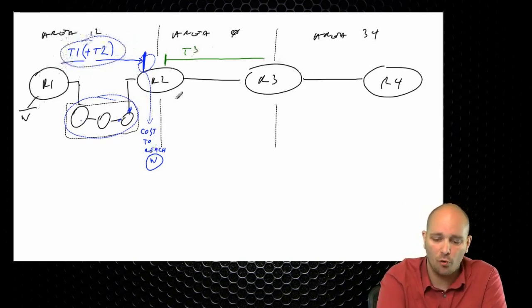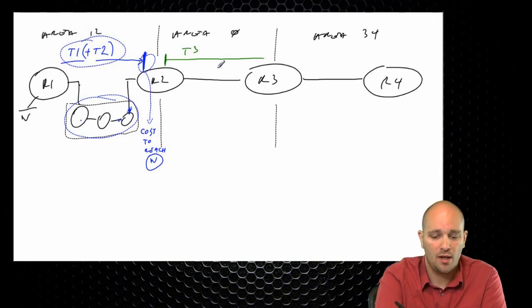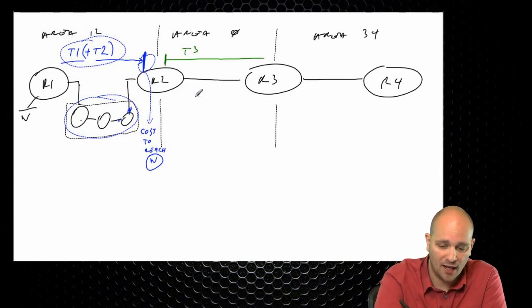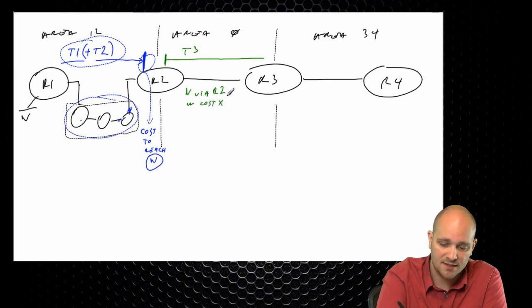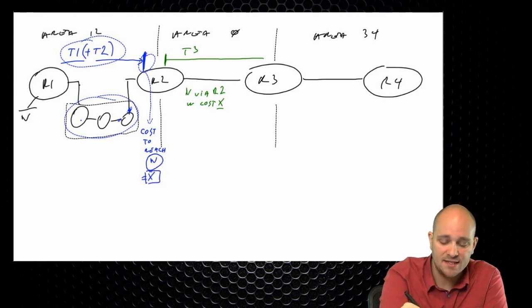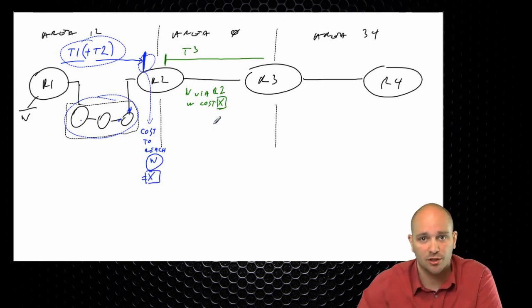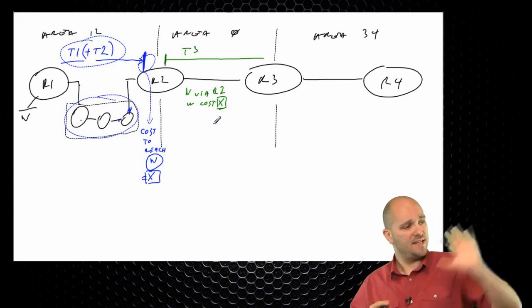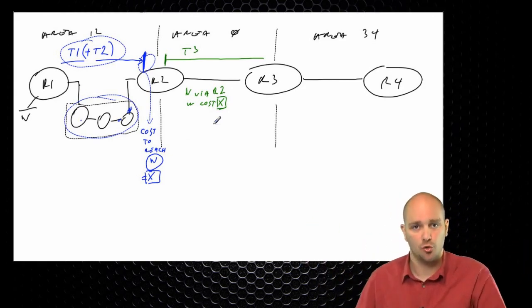It's going to inform the routers in area 0 that there is some network N reachable through R2 with cost X, the calculated cost X. So this is what we calculated, and this is the value that we are going to insert here. So basically we are saying this network, this cost to reach it.